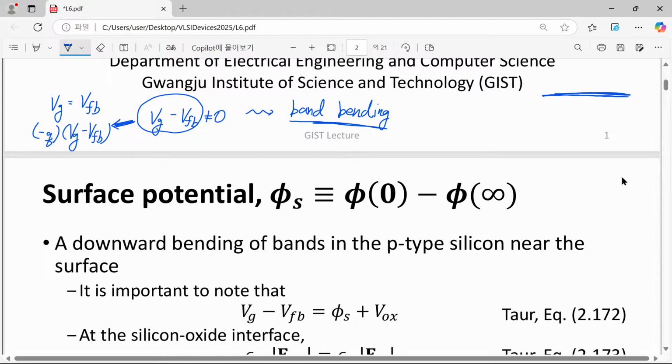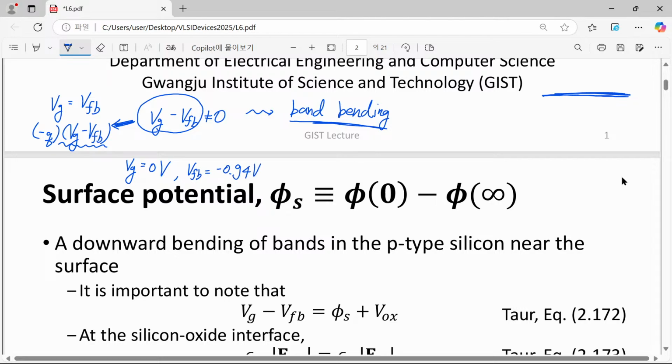Let's say that if we have a positive value for this voltage Vg minus V flat band, let me give you a concrete example. Say our gate voltage is 0, and the flat band voltage is, for example, minus 0.94 volt.